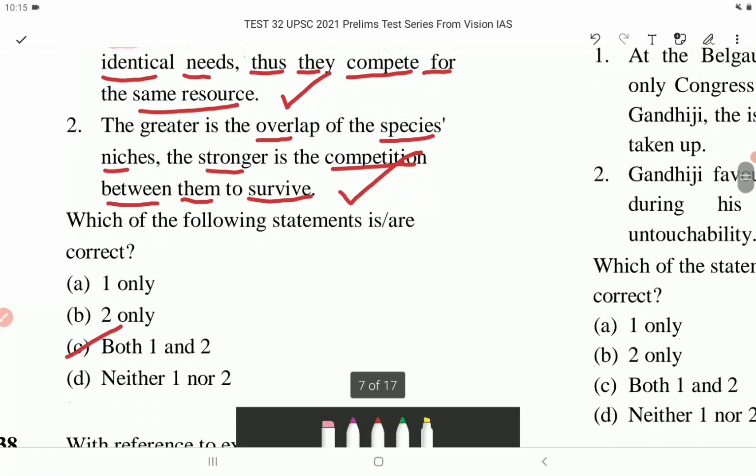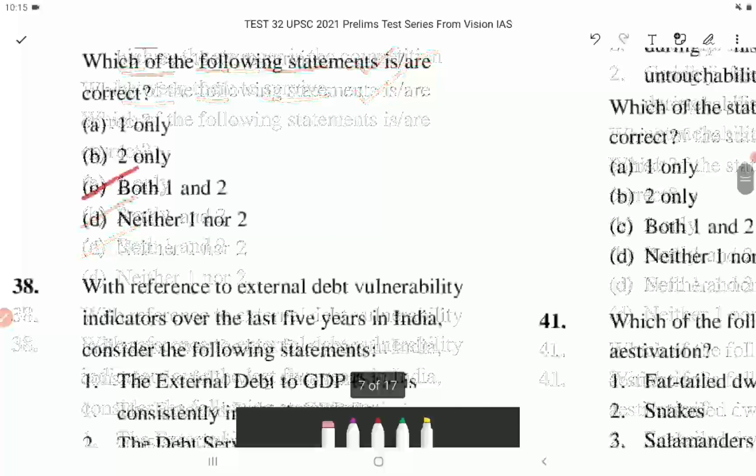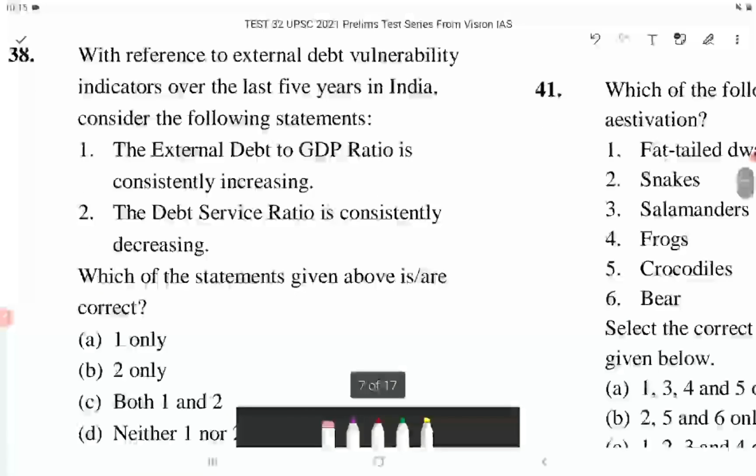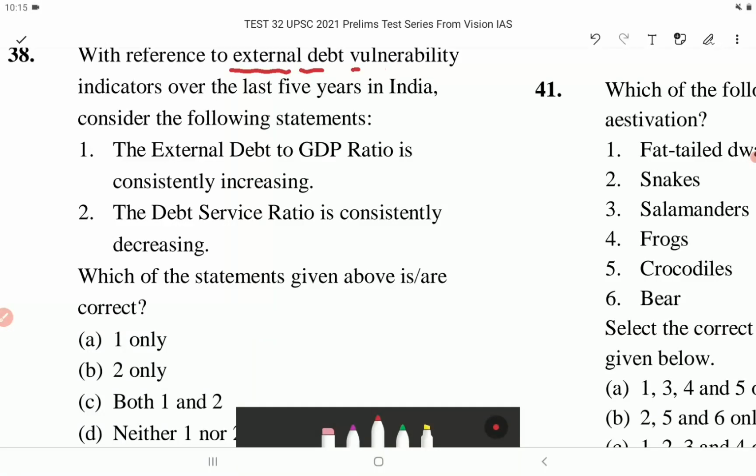Now let's come to the next question, that is question number 38. With reference to external debt vulnerability indicators over the last 5 years in India, consider the following statements. Statement 1. The external debt to GDP ratio is consistently increasing. This is incorrect.